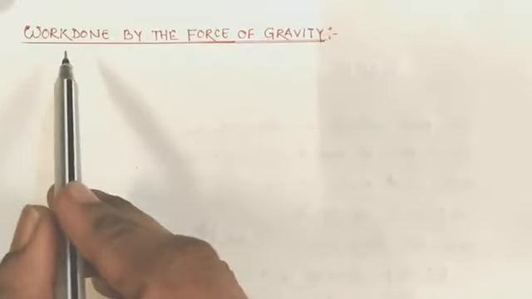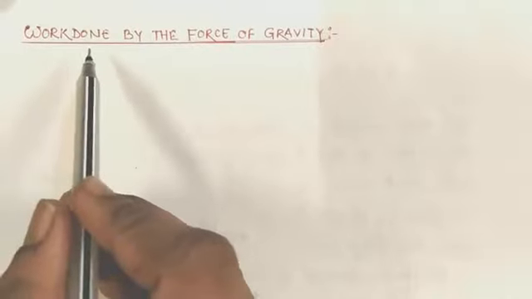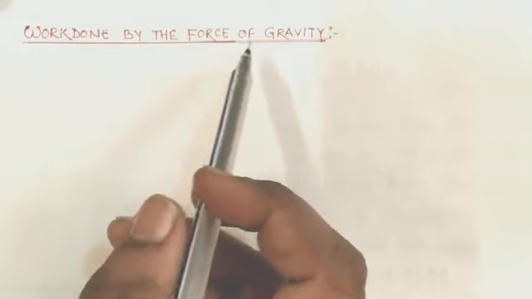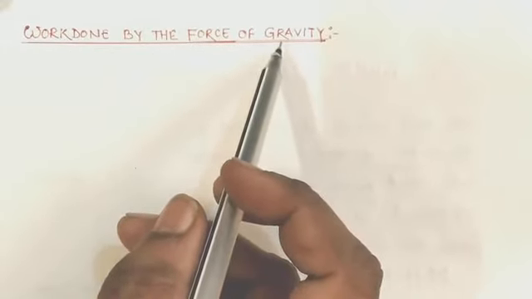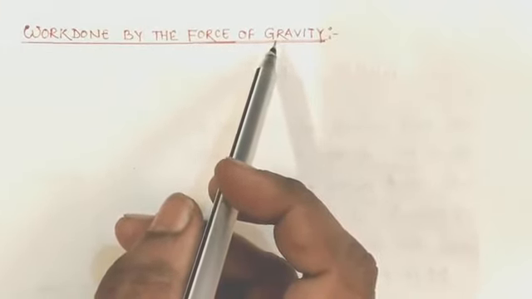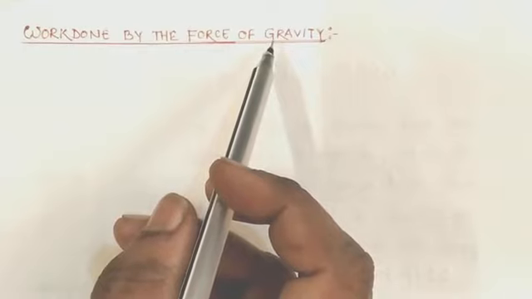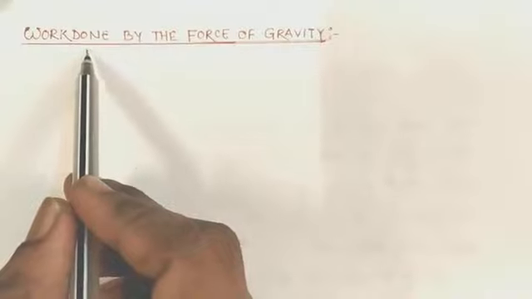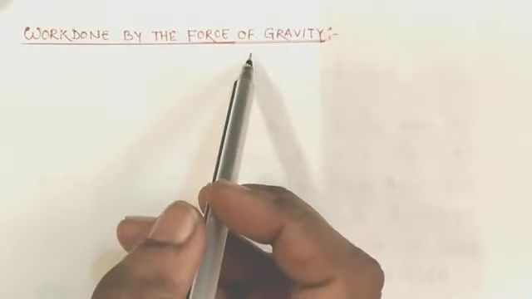Okay children, now we are going to discuss the new topic, that is the work done by the force of gravity. Children, we are knowing that the force of gravity is a force with which a body or anything can be attracted toward the center of earth. So in this condition we will calculate what will be the amount of work done by the force of gravity.